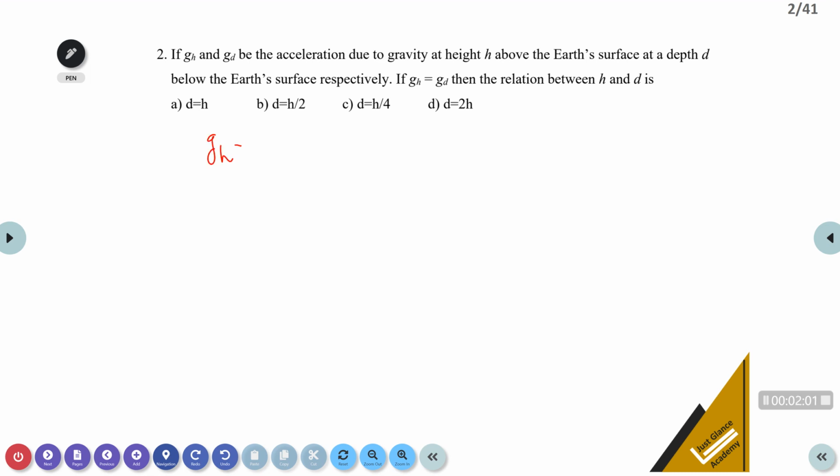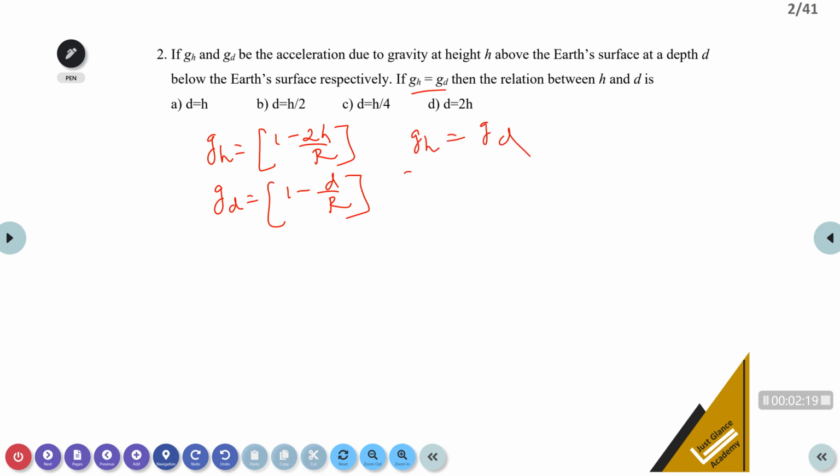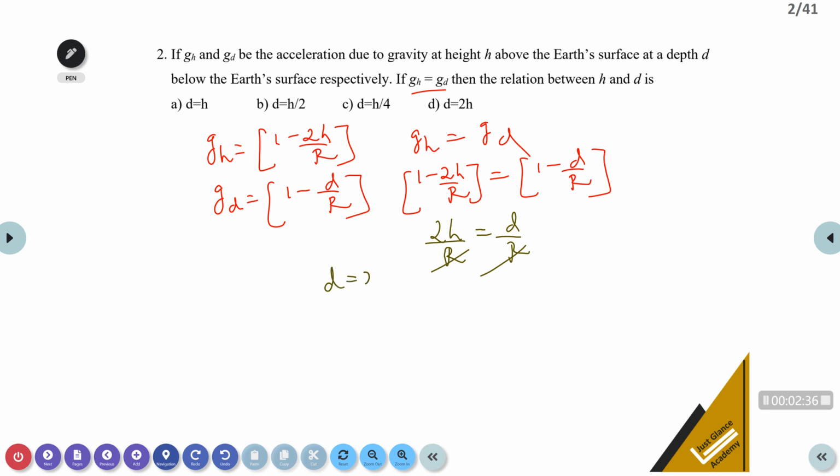We know the relation g_h equals g into 1 minus 2h divided by R, and with respect to depth g_d equals g into 1 minus d divided by R. The problem gives g_h equal to g_d, so simplify it. 1 minus 2h by R equals 1 minus d divided by R. Comparing, 2h by R equals d divided by R, so d equals 2h. This is the right solution.